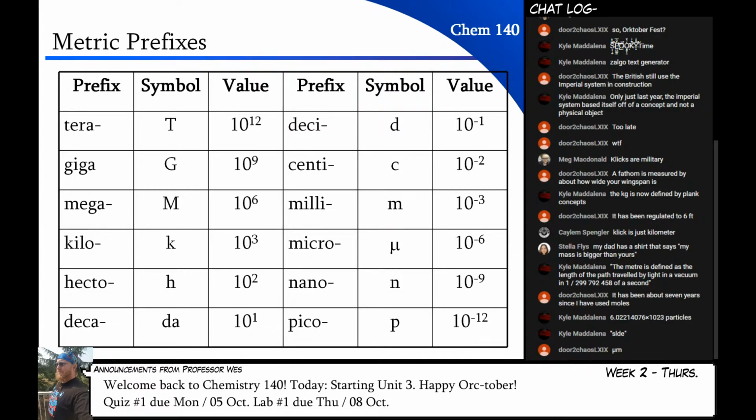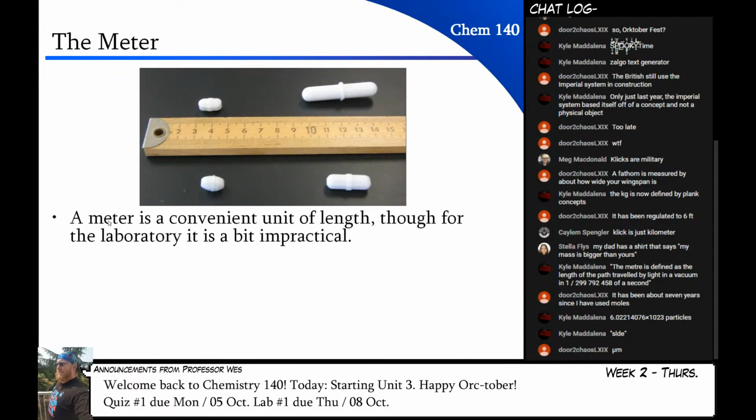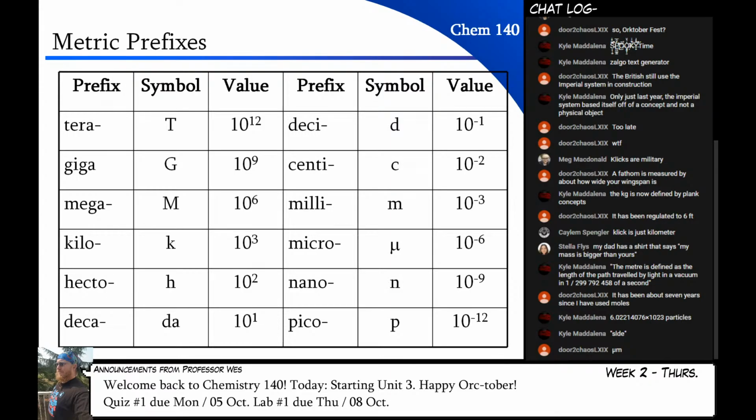And so what you should think of is, whenever you see a prefix such as this, you want to associate that with this many of a basic thing.